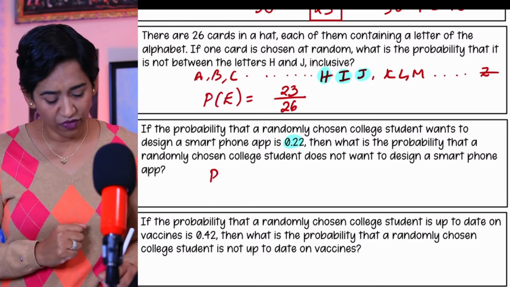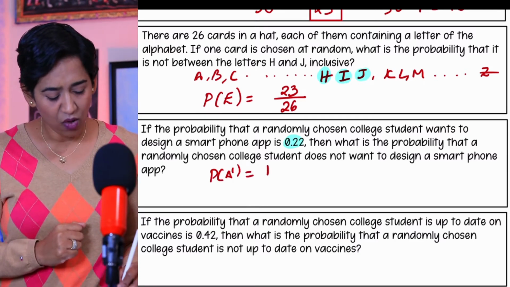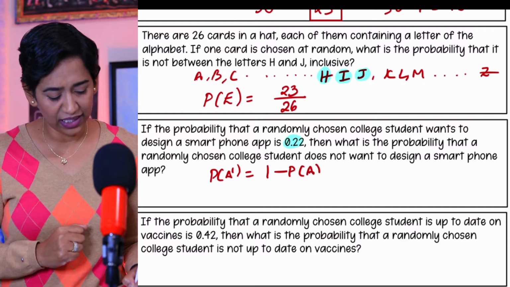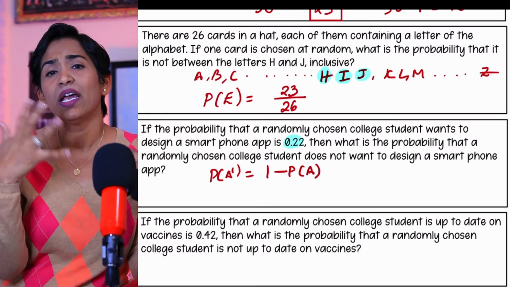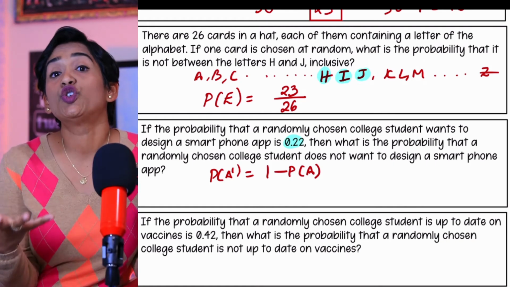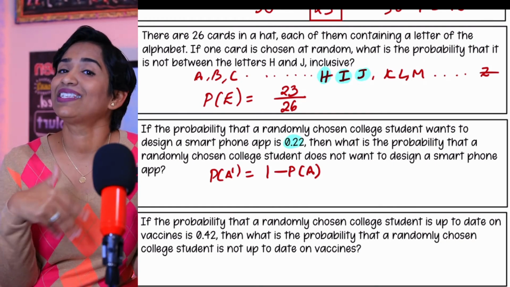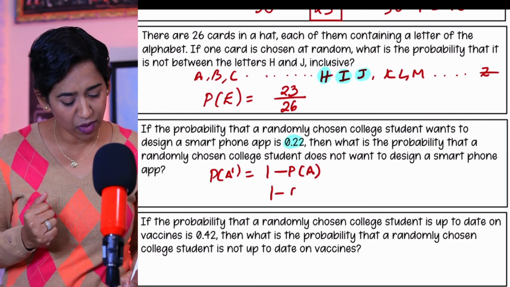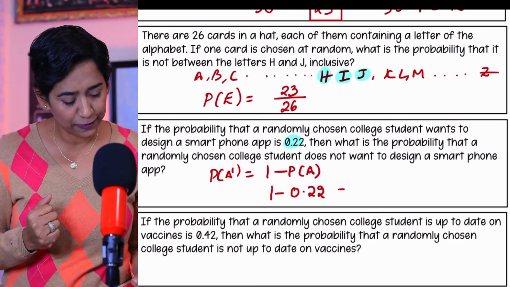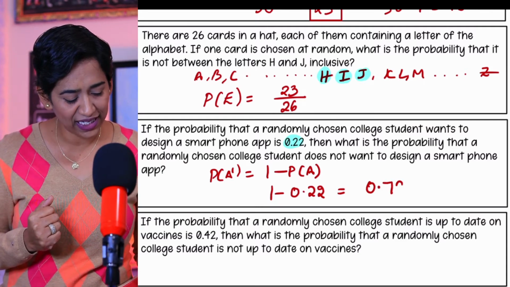Remember, you find the complement by 1 minus the probability. So it's simply saying she wants to design an app 22%. What's the percentage that she does not want to design an app? It's simply 1 minus 0.22, which is 0.78.